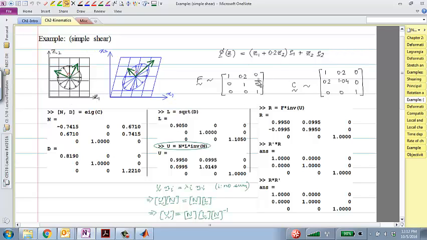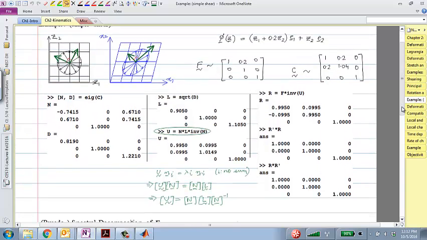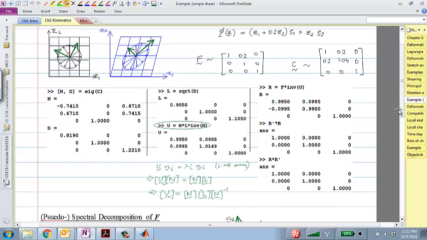So if you calculate F, you get this as the tensor. For C, you would be F transpose F. You get this as the matrix. And I'll run you through this computation of how you can use MATLAB to find out all these different tensors and the eigendirections and so on.